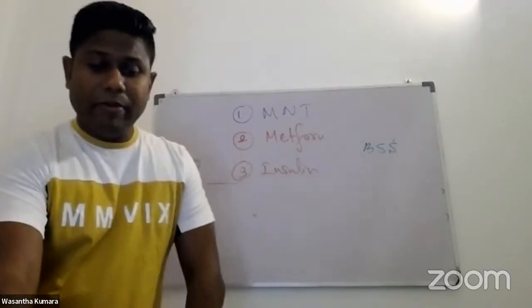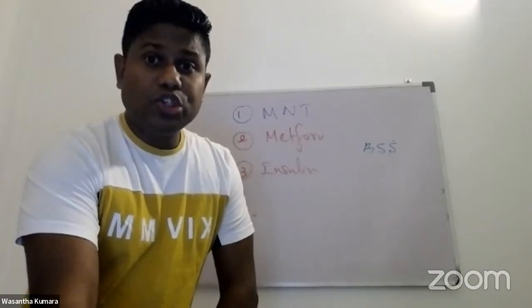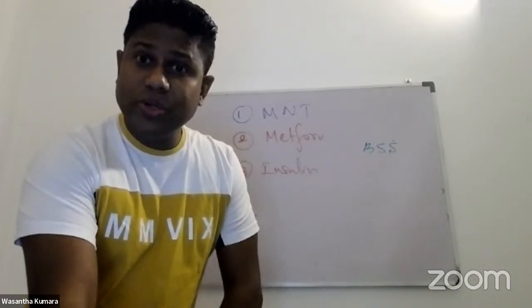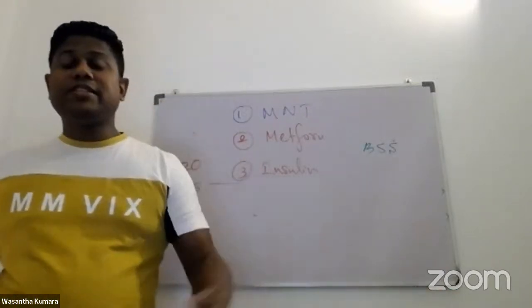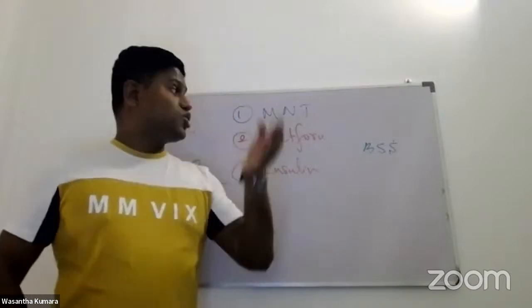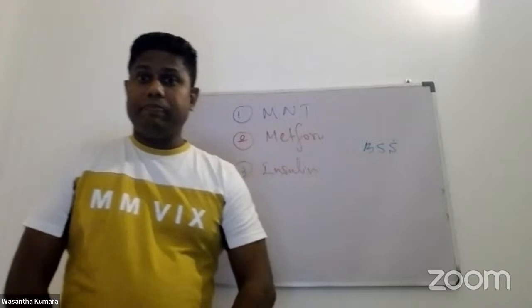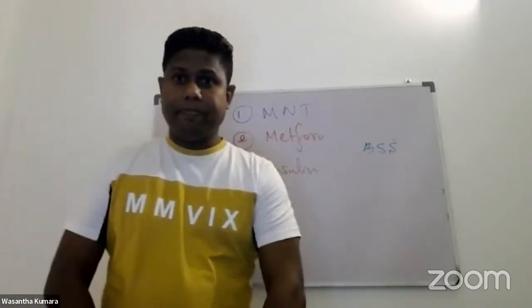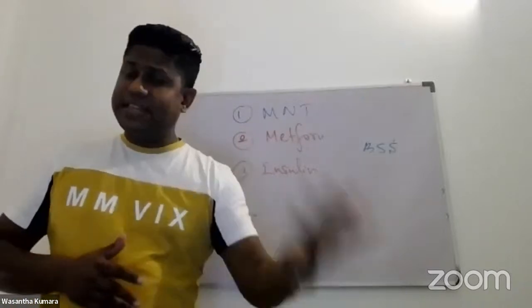So please remember what those 2 indications are where you need to start insulin. If the baby is big, macrosomic, or else polyhydramnios, then straight away, in addition to the diet, you can put her on insulin, even at the first step. But otherwise, normally you put her on diet and see the control.